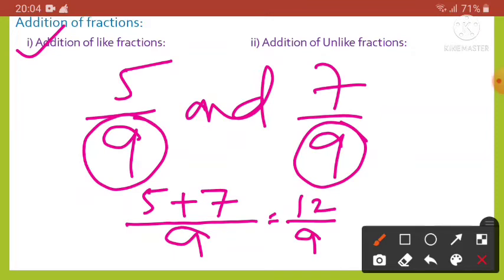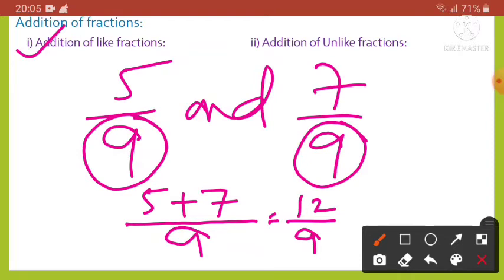Got it? As the denominator is common in both fractions, we take 9 as the denominator, and in the numerator we add the numerators of both fractions, 5 and 7. It gives us the result 12 by 9.